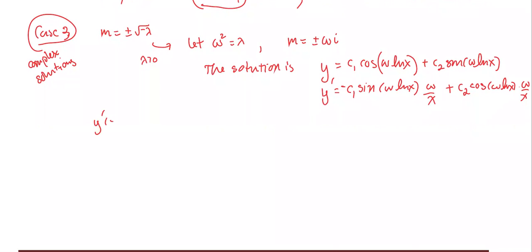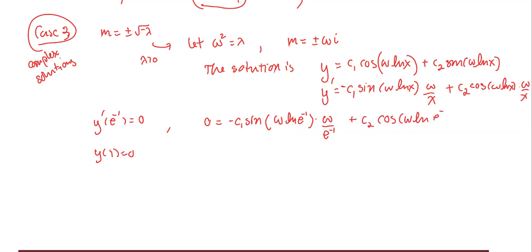First condition: y prime at e to the negative first equals 0. Second one: y at 1 equals 0. The first condition, 0 for y prime, replaced: negative C1 sine of omega natural log e to the negative first times omega over e to the negative first plus C2 cosine omega natural log e to the negative first.